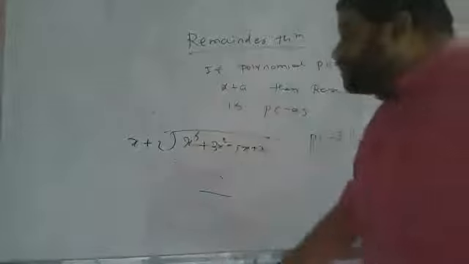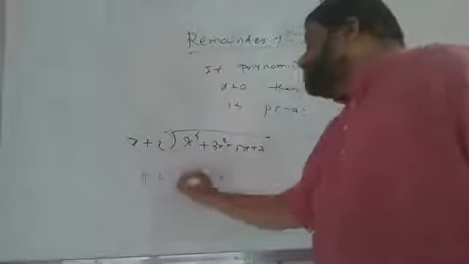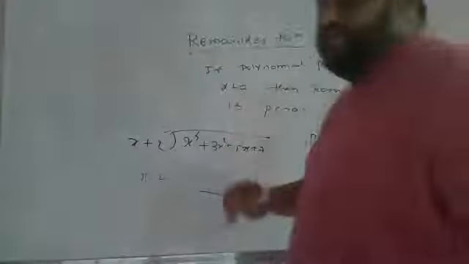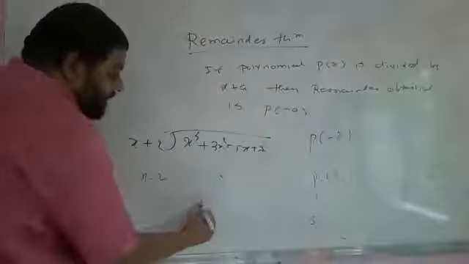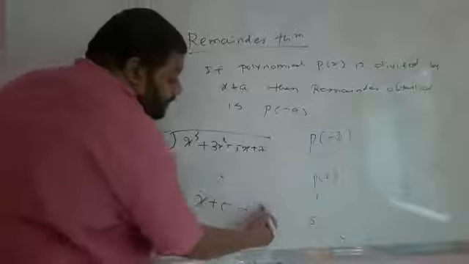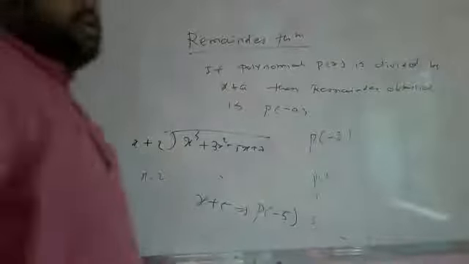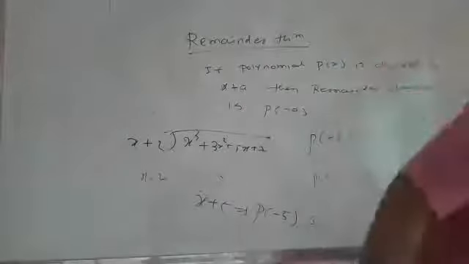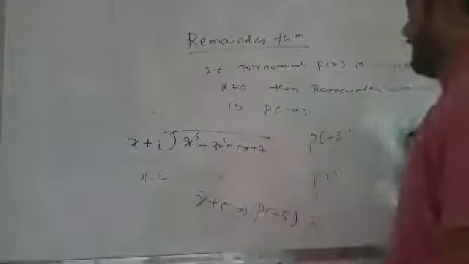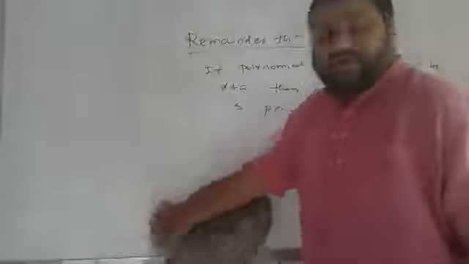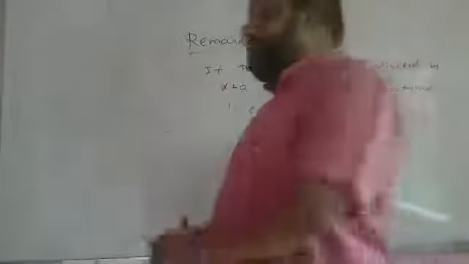If you divide this polynomial by x minus 2, the remainder obtained will be P of 2. If you divide any polynomial P of x by x plus 5, the remainder obtained will be P of minus 5. So this is the concept: if you divide any polynomial by x plus a, then the remainder obtained is P of minus a.